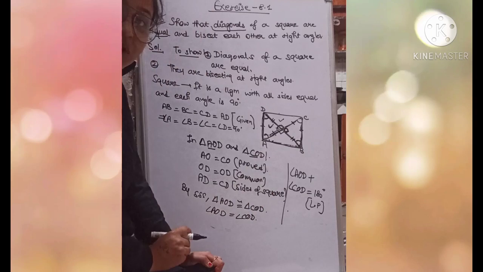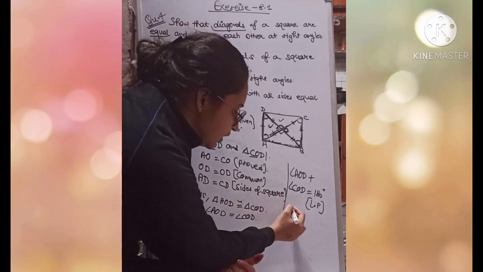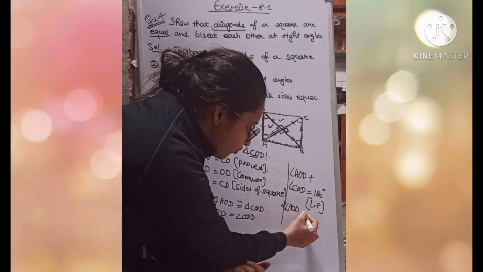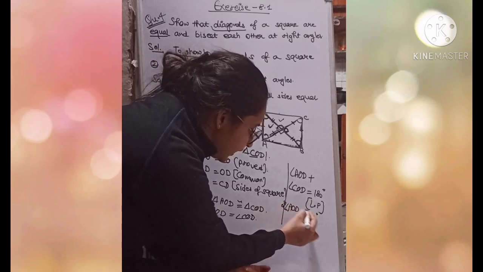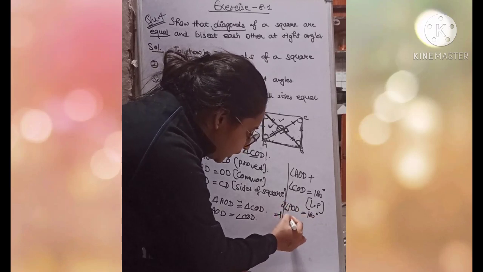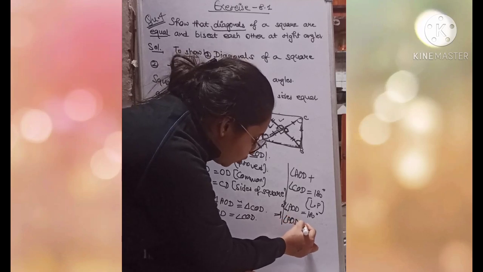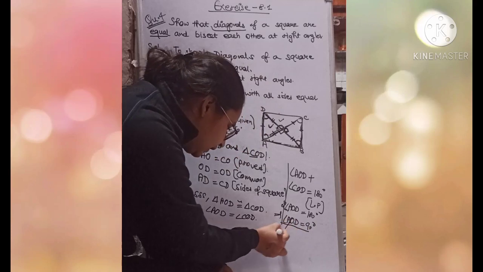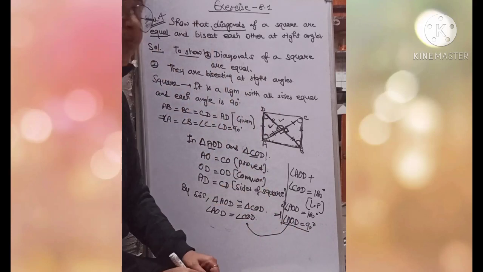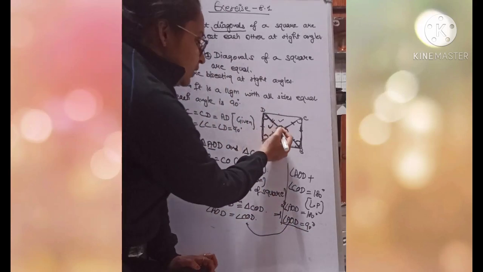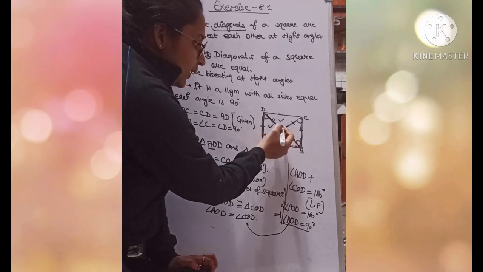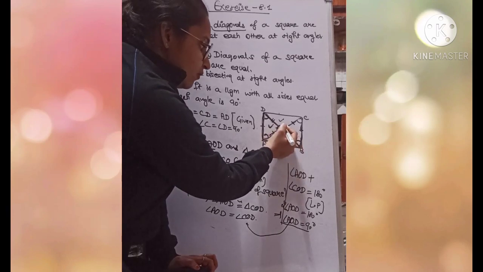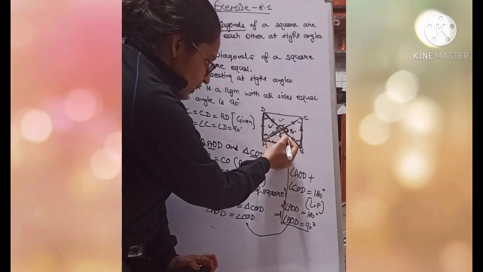So in place of COD, I am writing angle AOD. So AOD plus AOD, meaning twice of AOD, is equal to 180 degrees. It means angle AOD will be equal to 90 degrees. And if AOD is equal to 90 degrees, it means COD will be 90 degrees. And these two are vertically opposite angles. If this is 90, it means this angle will be 90 degrees. And if this is 90, it means this angle will be 90 degrees.